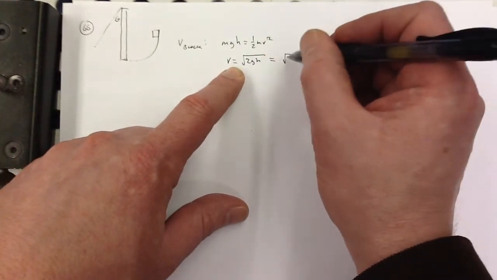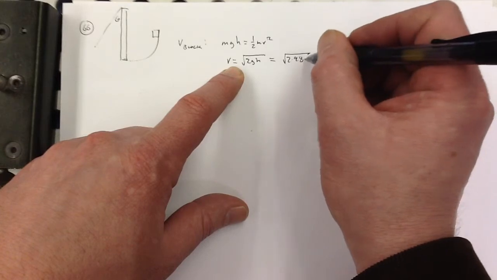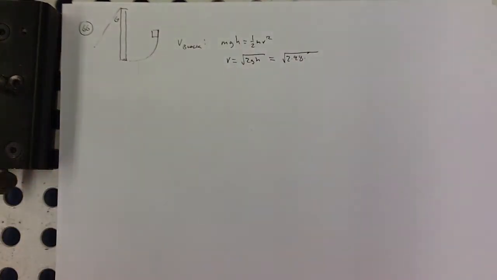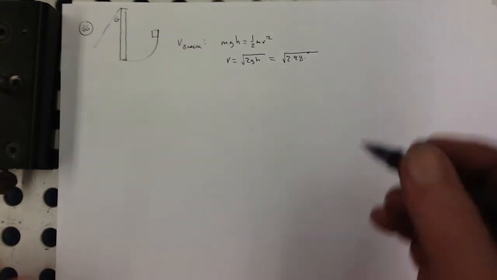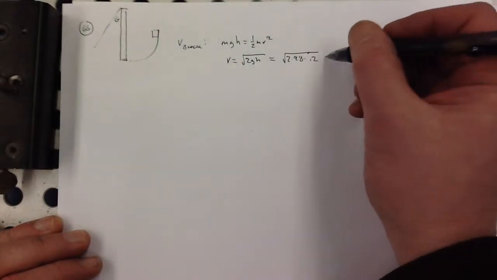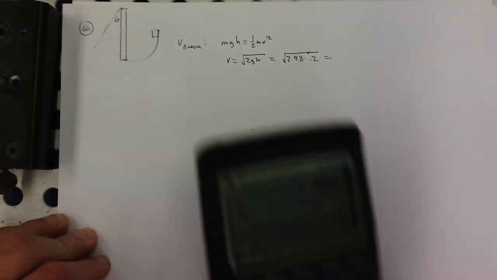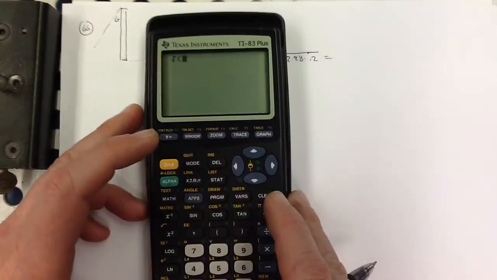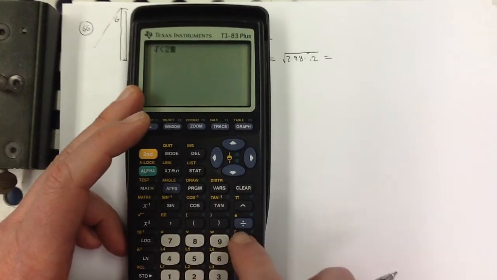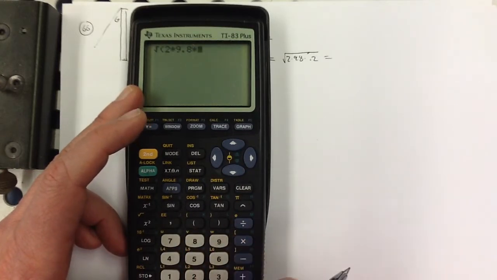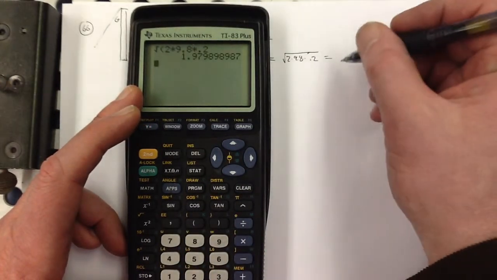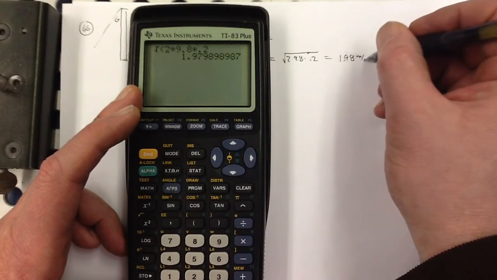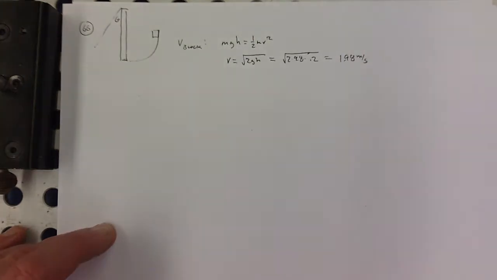That's the square root of 2 times 9.8 times the h, is it 0.2, I believe? Square root of 2 times 9.8 times 0.2 is 1.98 meters per second. That's the velocity of the block.